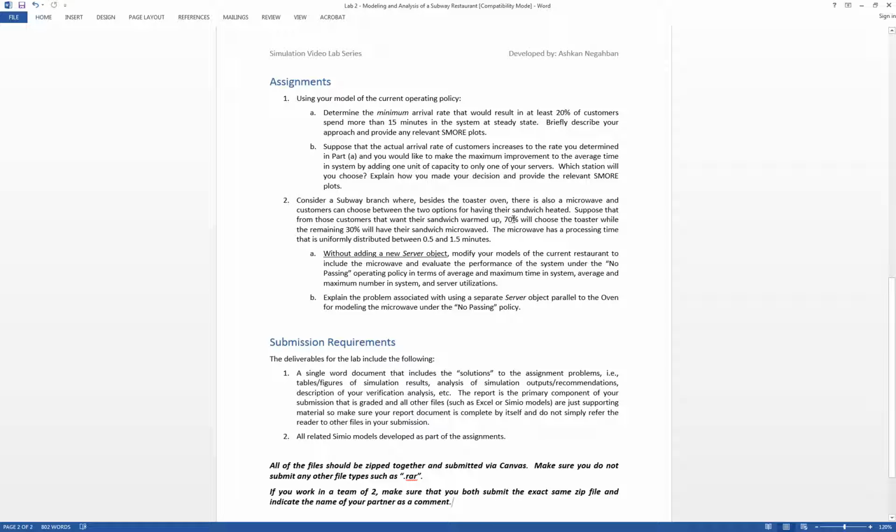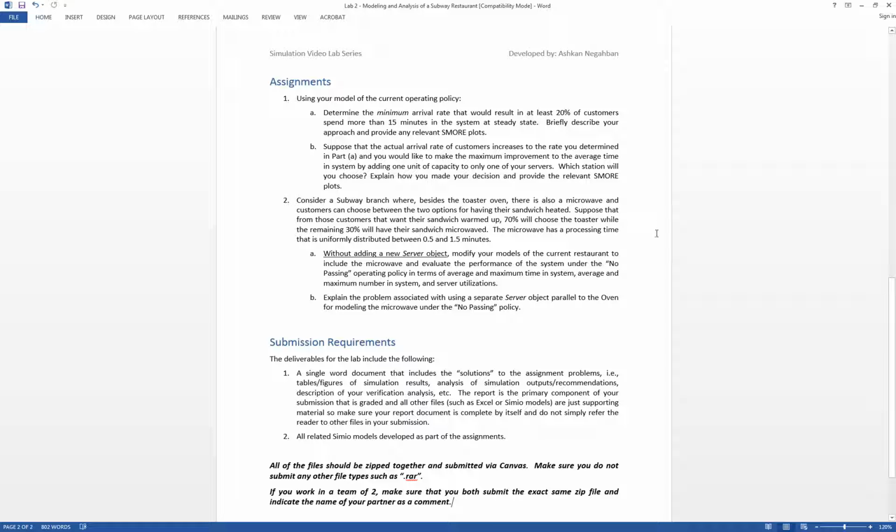Basically, 70% of the customers want their sandwich to be toasted using the oven, and 30% of the 70% want their sandwich to be microwaved.